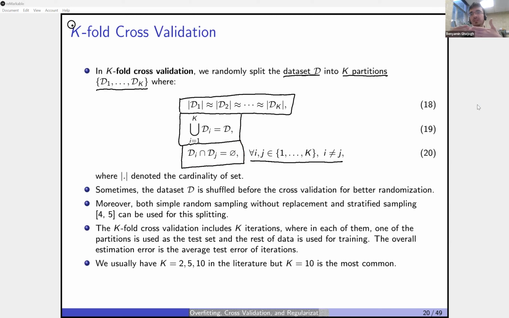So they don't have any intersection, they are disjointed. And when we take the union of them, it becomes the whole dataset. So in simple words, we divide the dataset into k disjointed sets. And this simple symbol denotes the cardinality of the set.